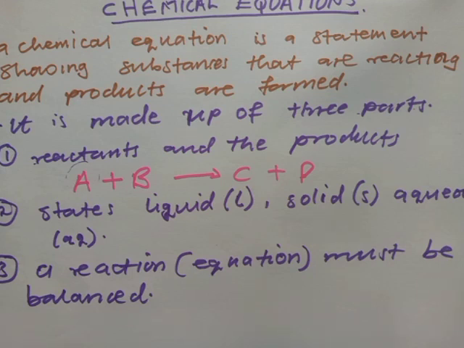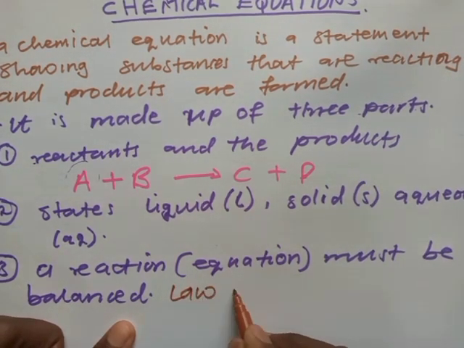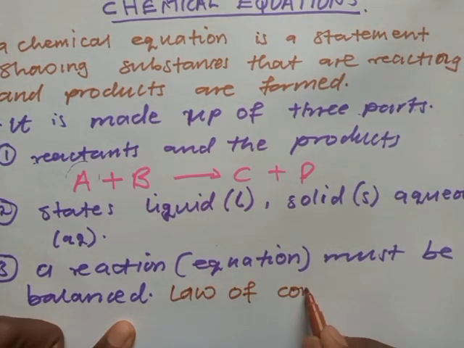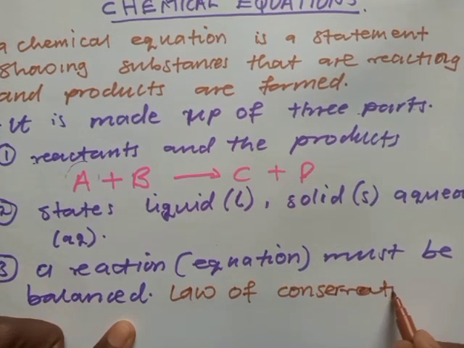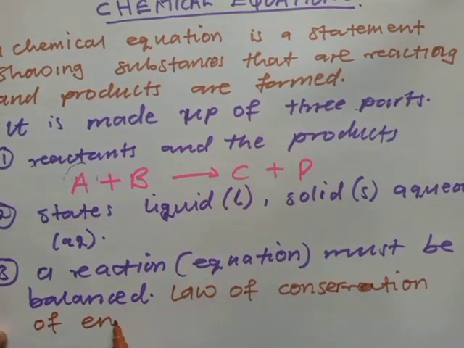So what law applies to this type of issue whereby you are trying to make everything be balanced? That law is what we call the law of conservation of energy.